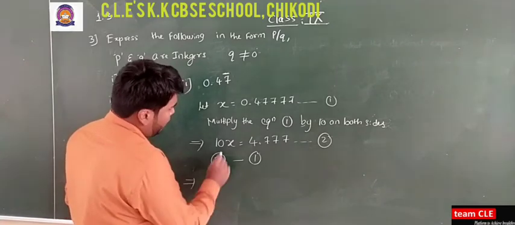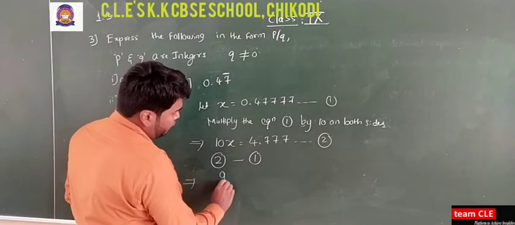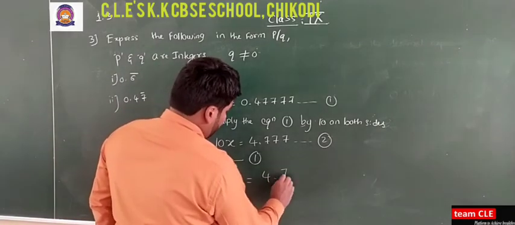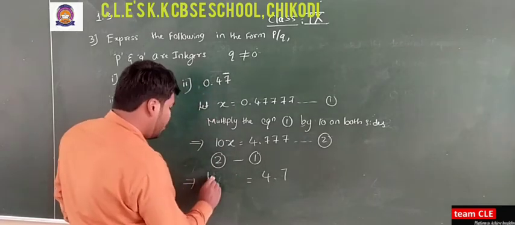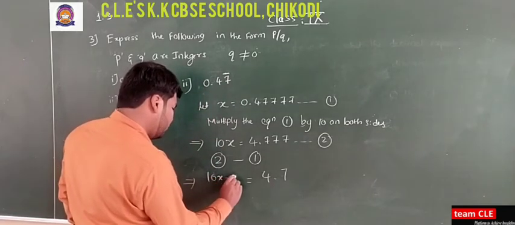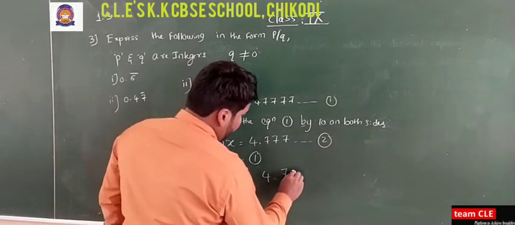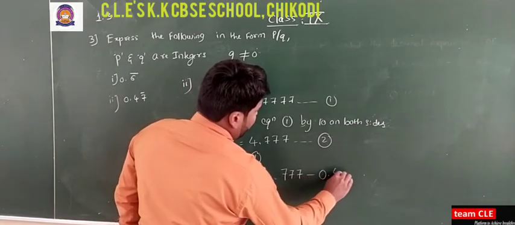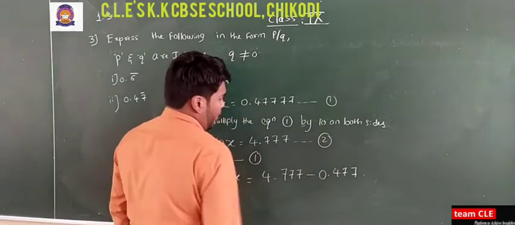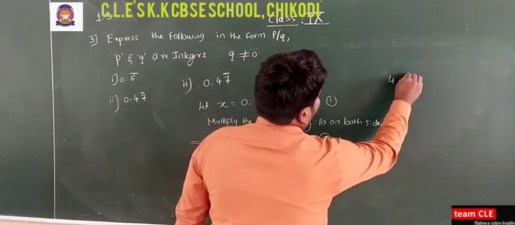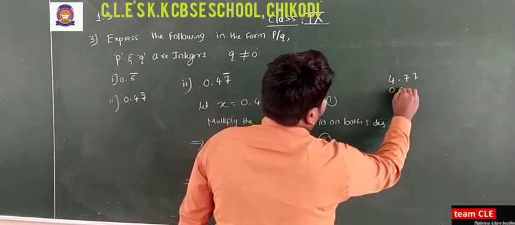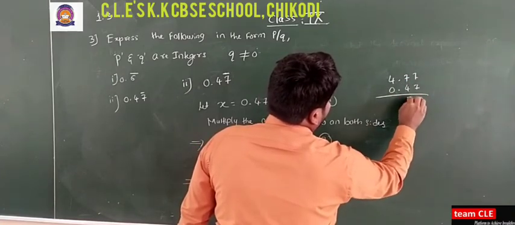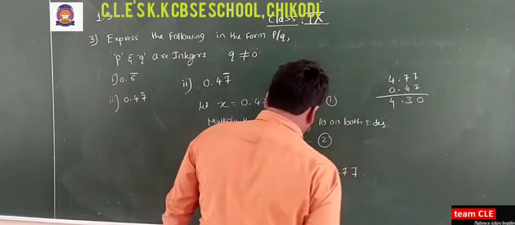What you have to write now. So next you are having 10x minus x, which is equal to 9x. So write this: 10x minus x, which is equal to 4.77 minus 0.477. So if I do this, 4.77 minus 0.47, 7 minus 4 which is equal to 3, 4.3 we are getting.